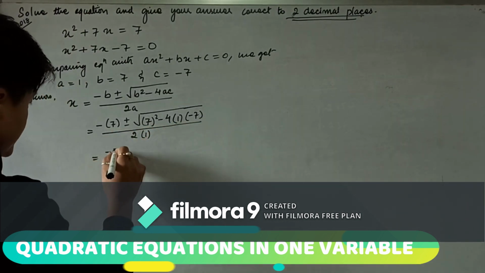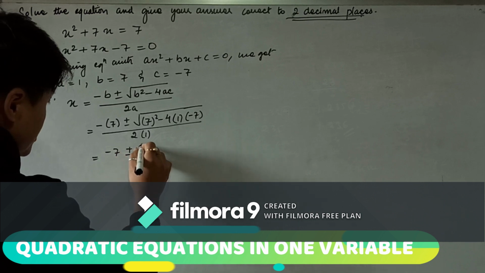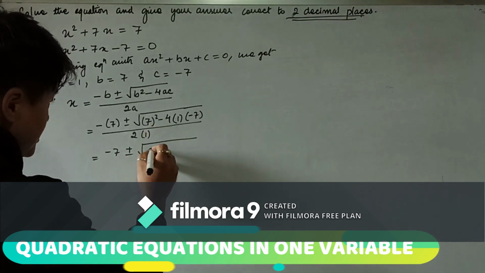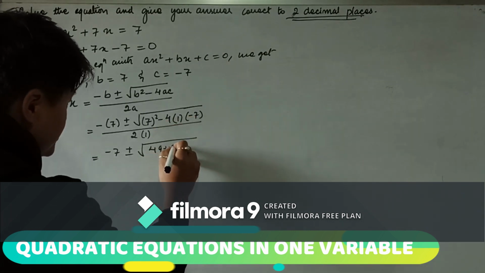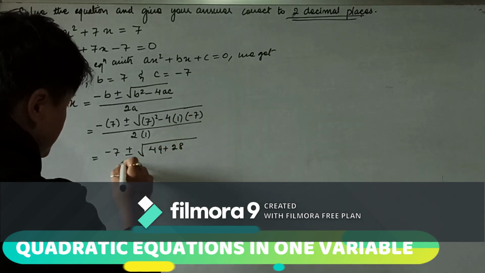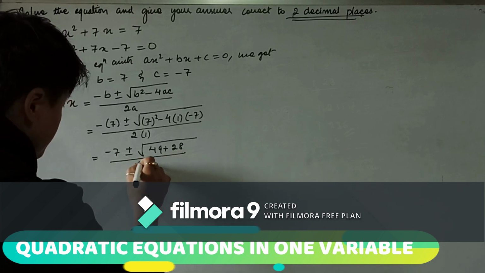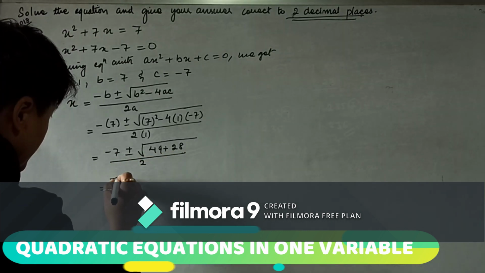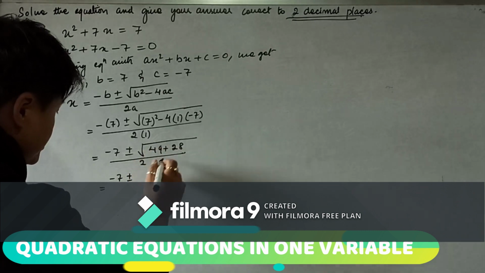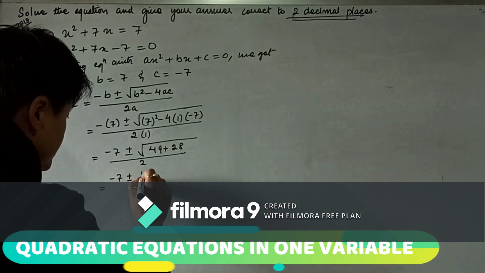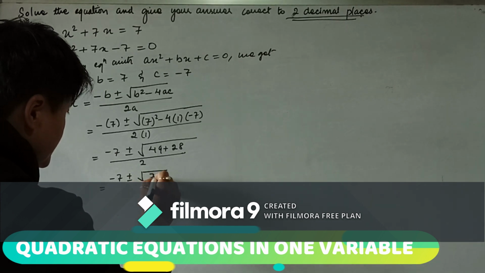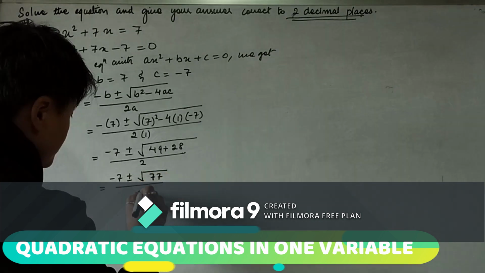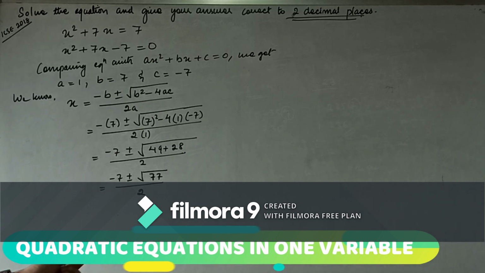This is minus 7 plus or minus root under 49 plus 28, divided by 2. So this becomes minus 7 plus or minus root under 77, divided by 2.